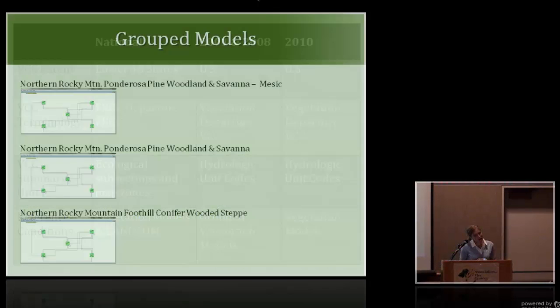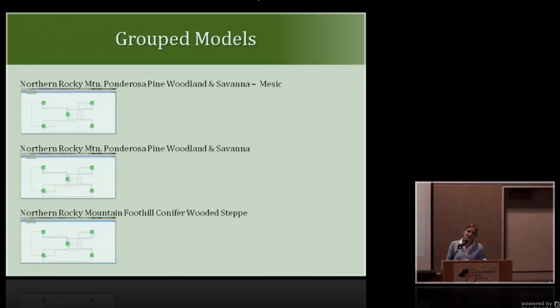Okay, so talking about group models here isn't ideal because I haven't already talked about what the models are, but it's an important factor in some of these map products. So I am going to dive into it a little bit here. So originally we created a fairly large suite of reference condition models, and so for example, in an area you might get several variations of a ponderosa pine model.